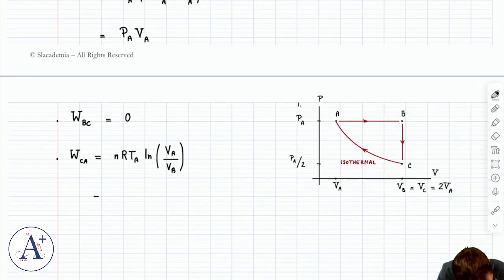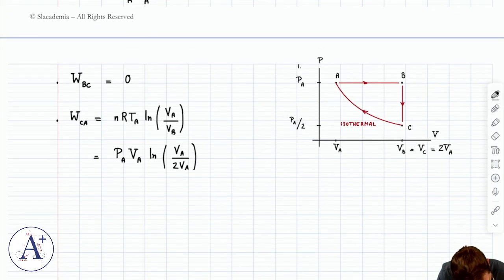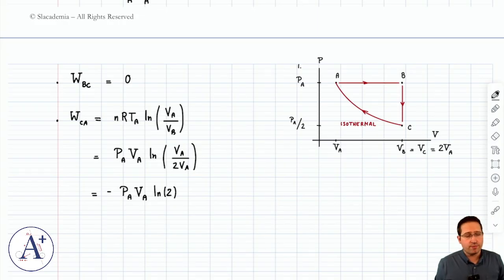And so nRTA by the ideal gas law is PAVA, natural log of VA over 2 VA, which is natural log of a half, which is minus natural log of 2. That makes sense. Negative work done by the gas because it's a compression, so I expect the work done by the gas to be negative.